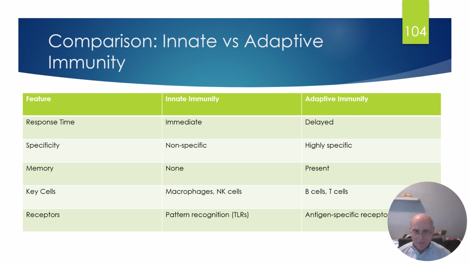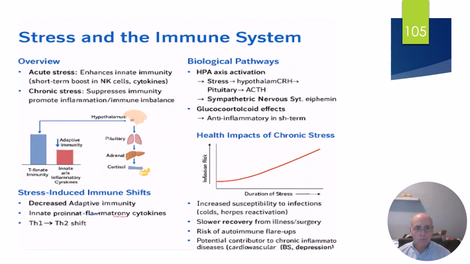Usually it's some type of pathogen that activates an immune response, whereas in the adaptive immune response, it's more antigen-antibody in nature.